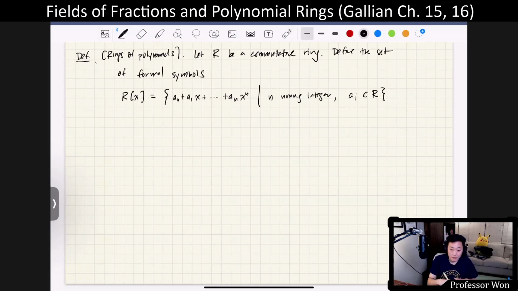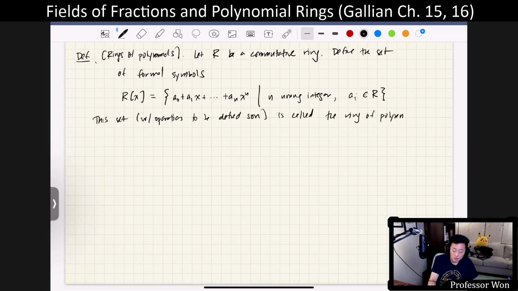This set, with operations to be defined soon, is called the ring of polynomials over R in the indeterminate x.